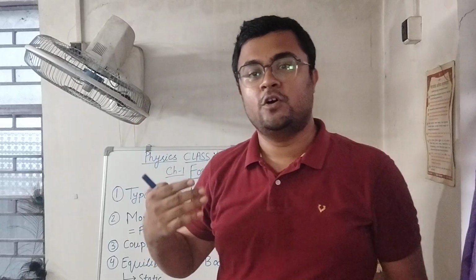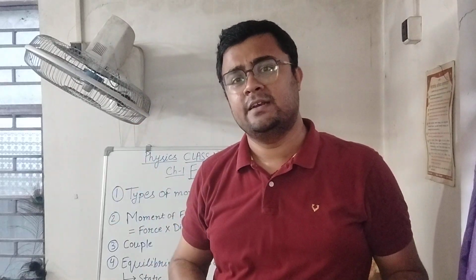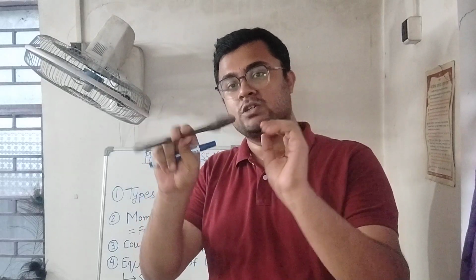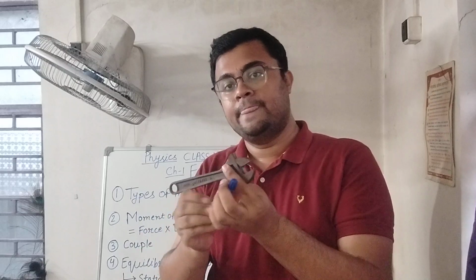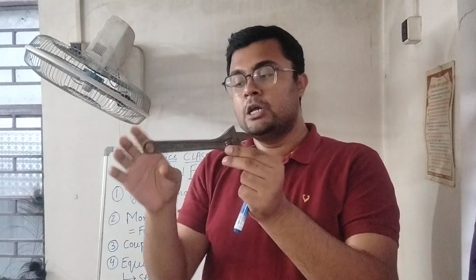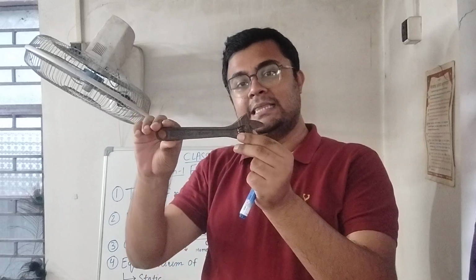Now you must be thinking, why am I again and again using the example of door? There must be some other examples as well, right? Obviously there are other examples. For example, this spanner. Okay, this is a wrench or spanner, which we know. Now if we want to open a screw with this, and we apply a force at the end of the handle, then we can produce a large amount of moment by applying a small amount of force.